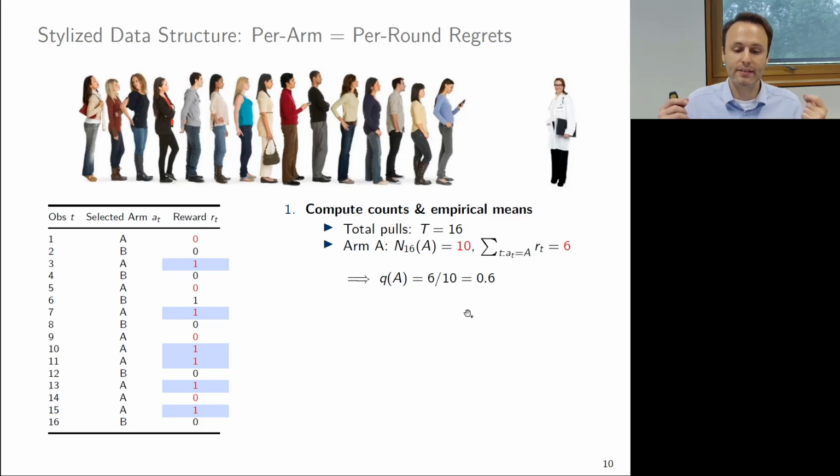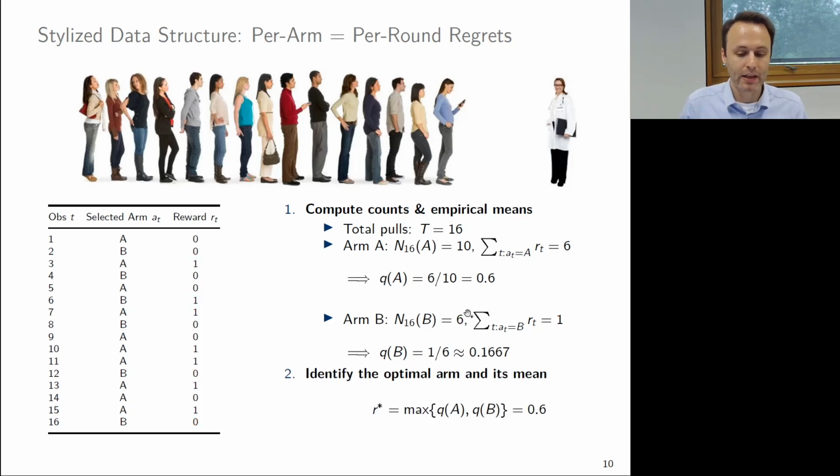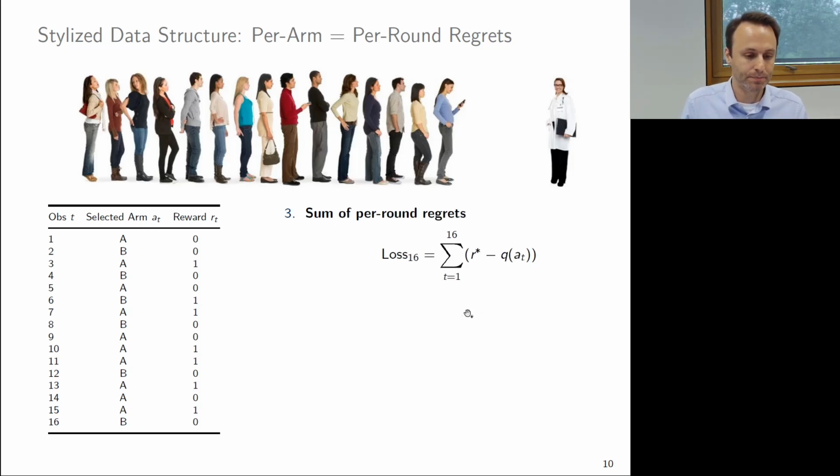So the success rate is 6/10, which is 60% for arm A. For arm B, we have played it 6 times, and we have only 1 success. So 1/6 is around 17%, which is our success rate for arm B. Now, clearly, arm A performed better, so the optimal arm in this case is arm A so far.